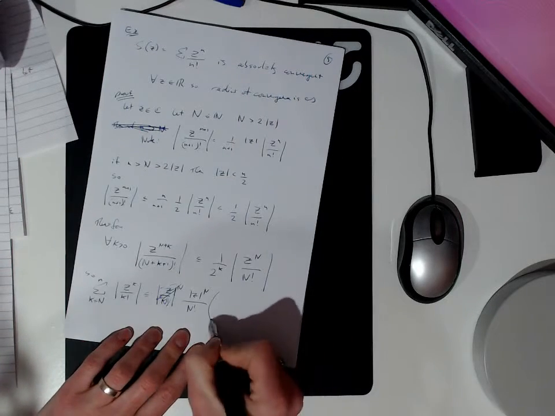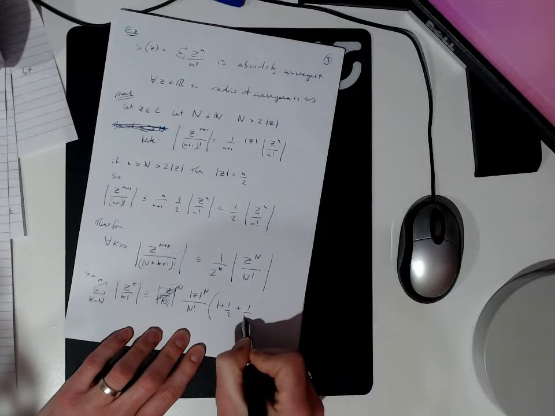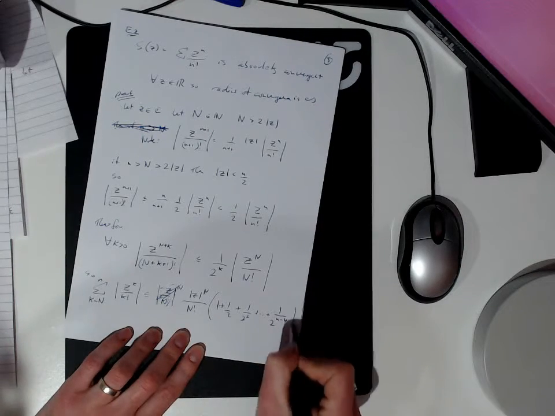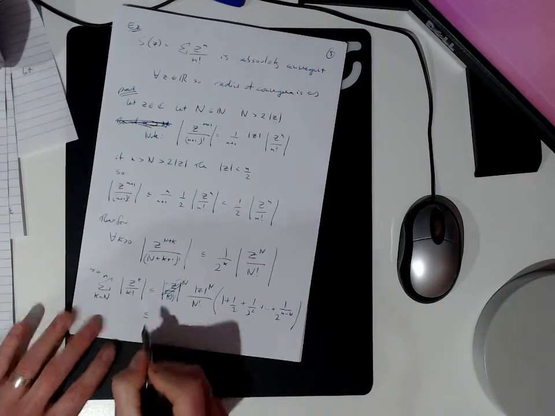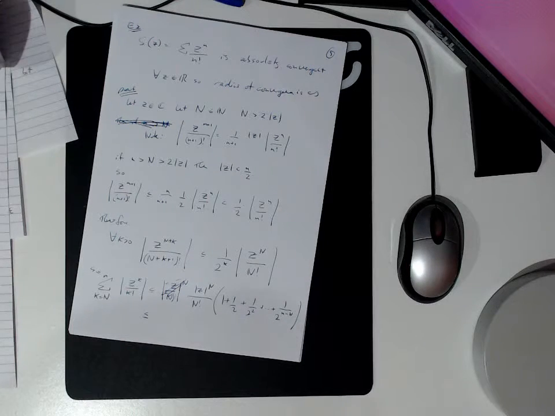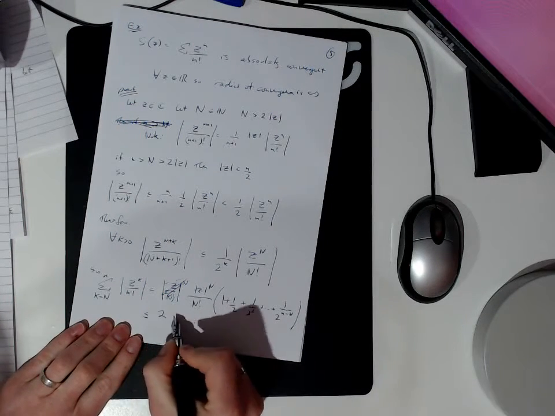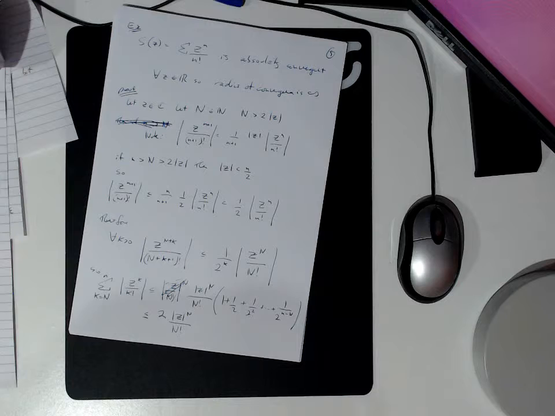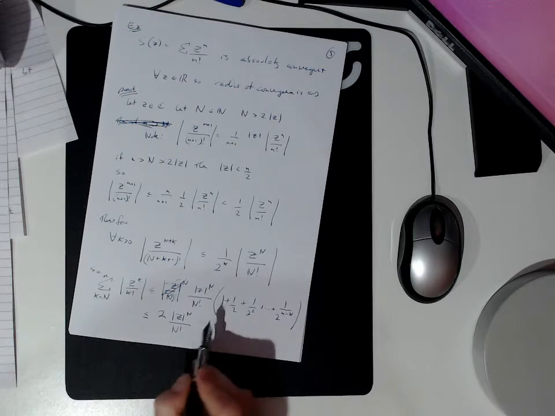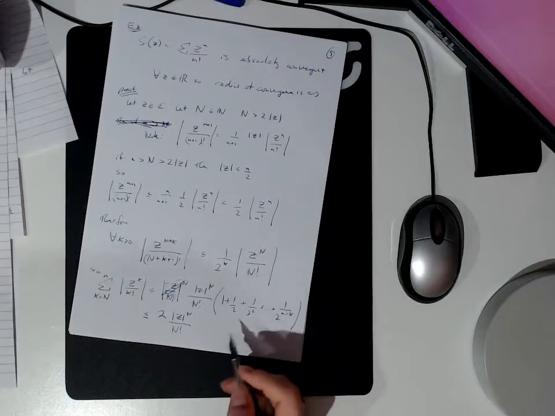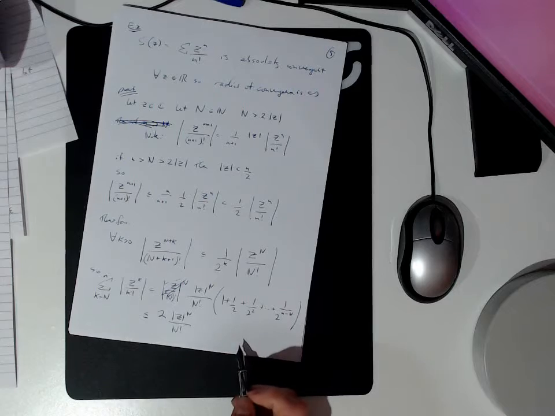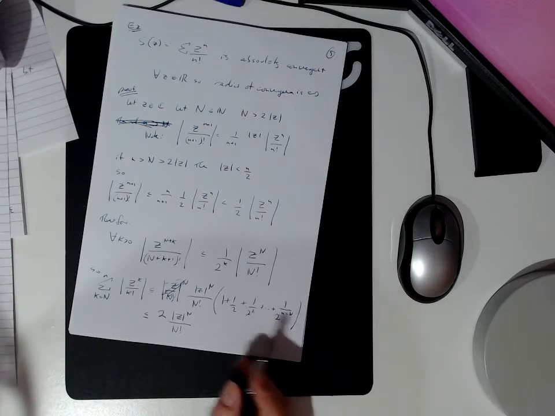There we go. 1 plus a half plus a half squared plus all the way up to a half to the power of little n minus big N. And this is less than or equal to 2. So proving that this is less than 2 is really just taking n to be very, very large. This sequence converges to 2. And you can use geometric series, I suppose, for the real numbers to prove this.